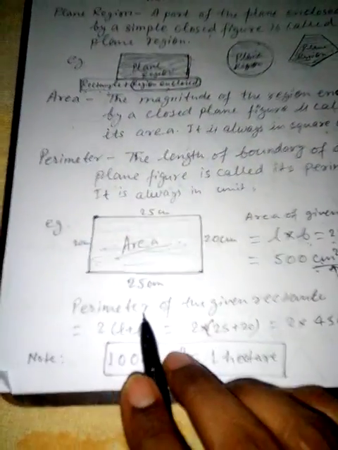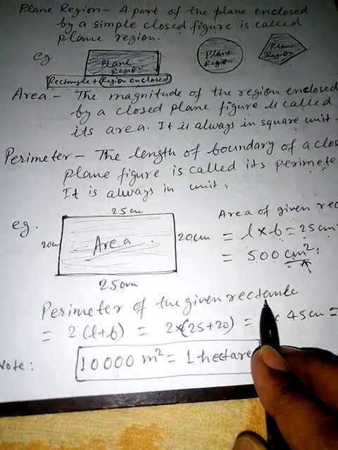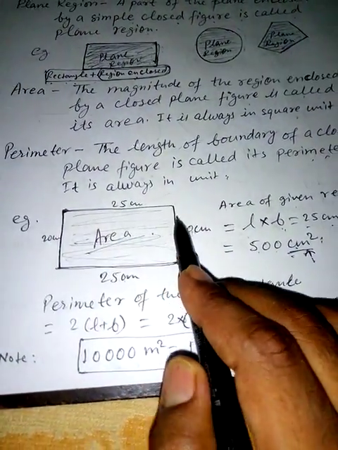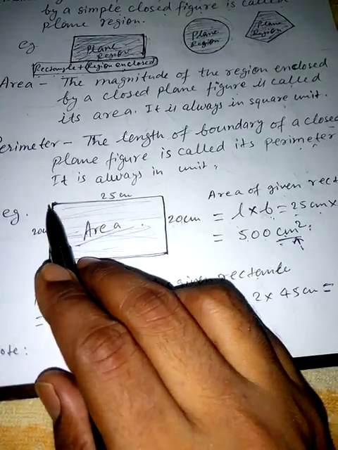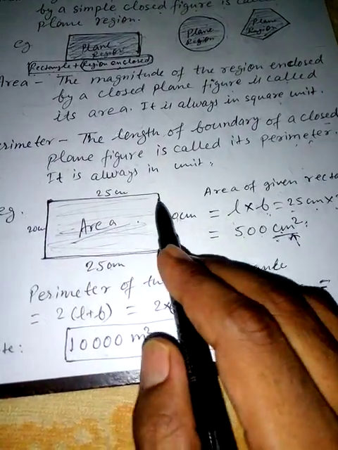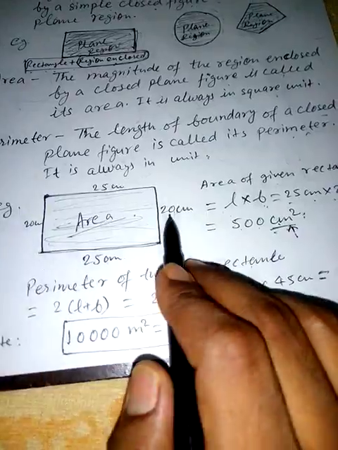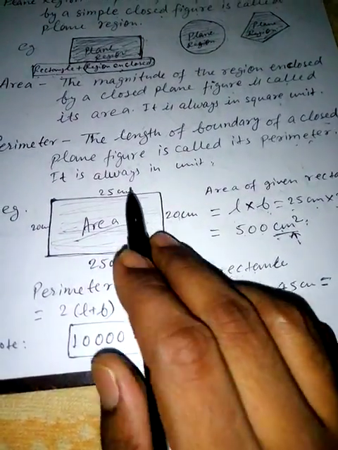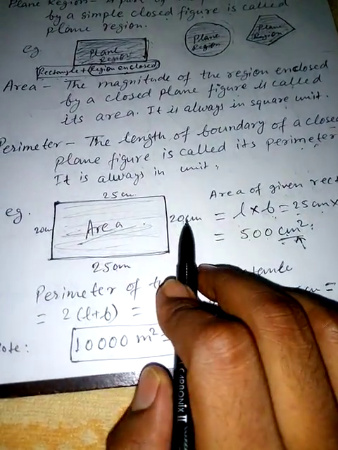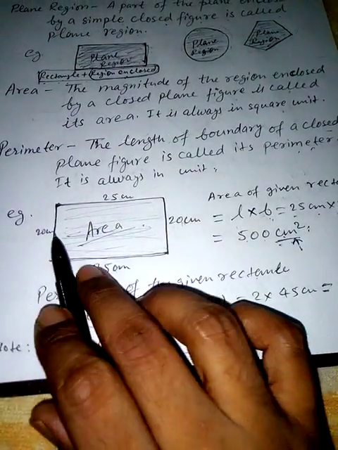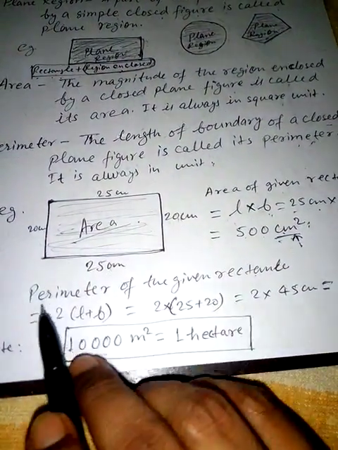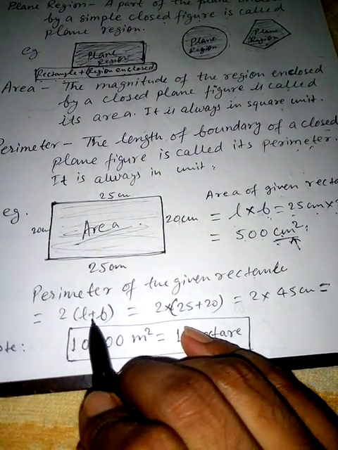Now if we are talking about the perimeter of the rectangle, perimeter means the length of the boundary. Just measure: 25 plus 20 plus 25 plus 20. 2 times 20, 2 times 25. It means 2 times length, 2 times breadth. It means 2L plus 2B, that is 2 into (L plus B).